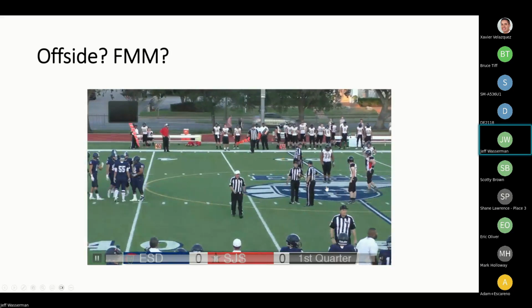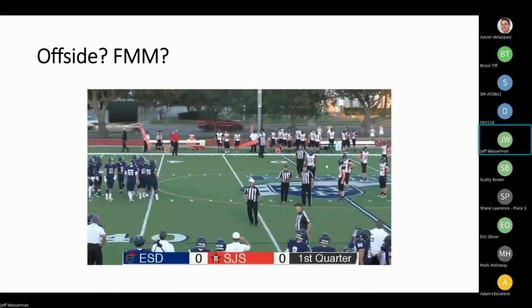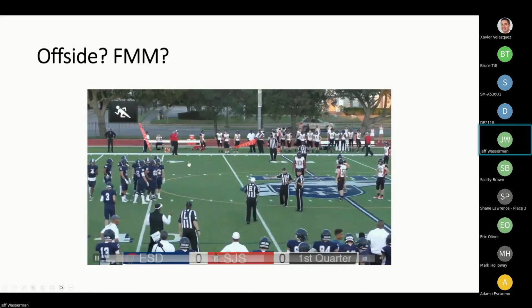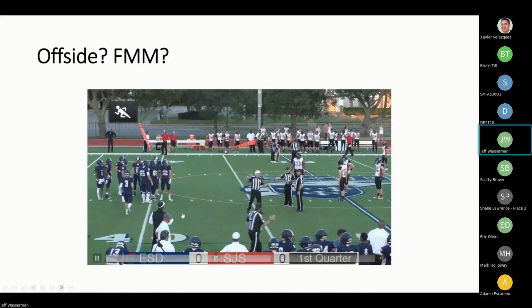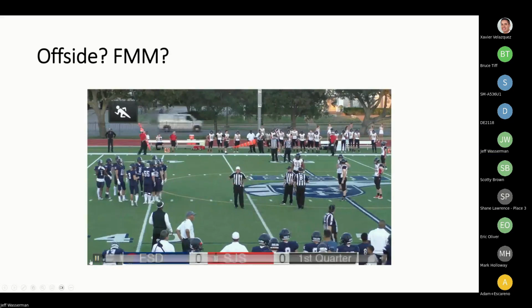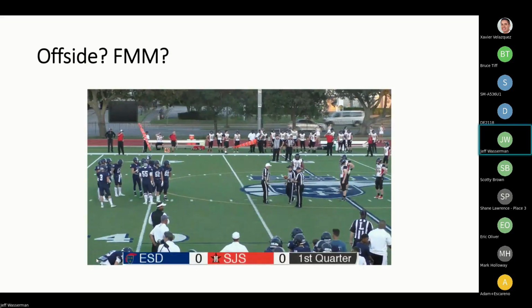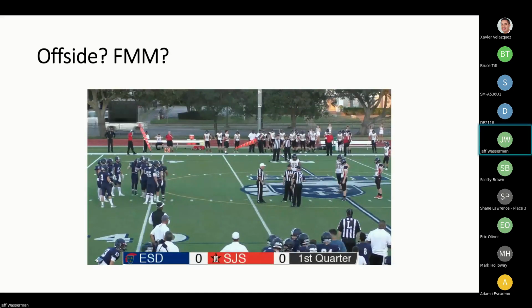They're going to accept the penalty, and they probably are. They're going to re-kick it from the 45. Crew got a little confused here, but they eventually did get it right.